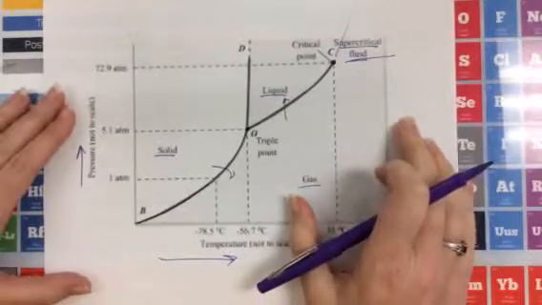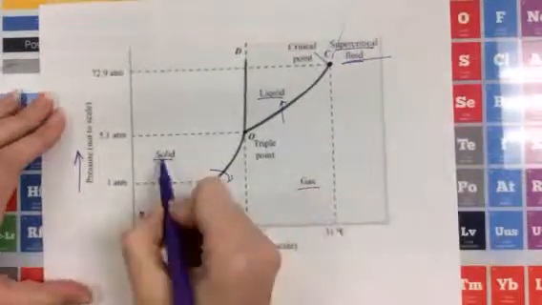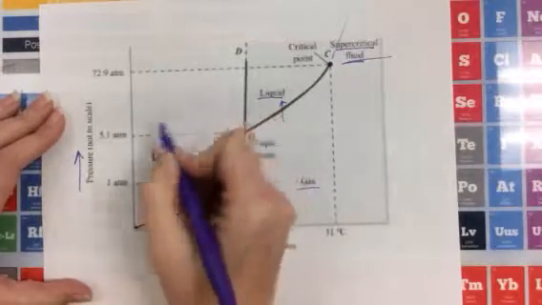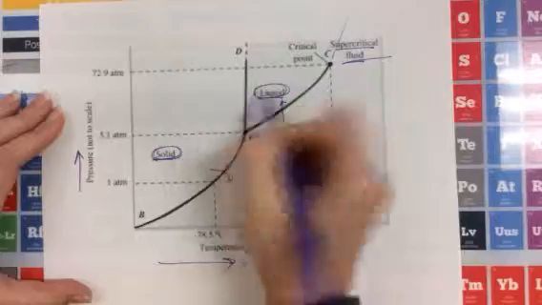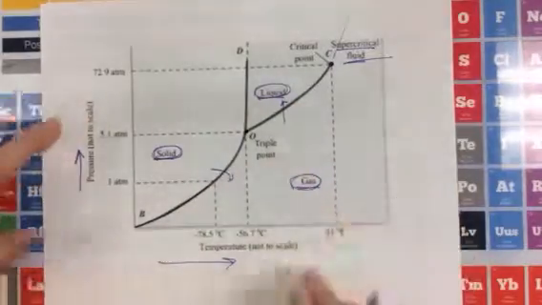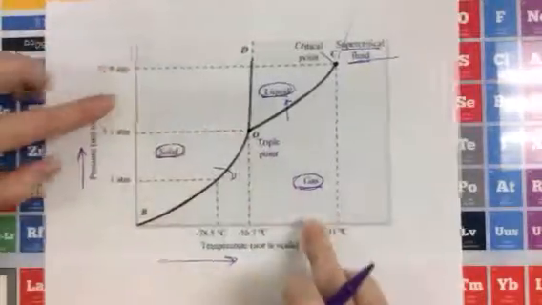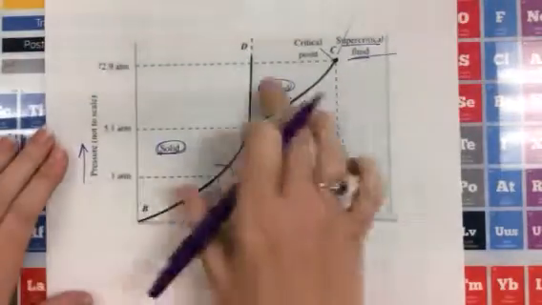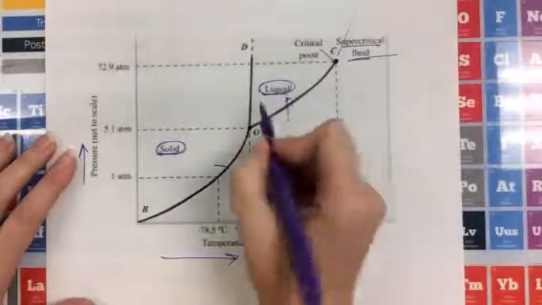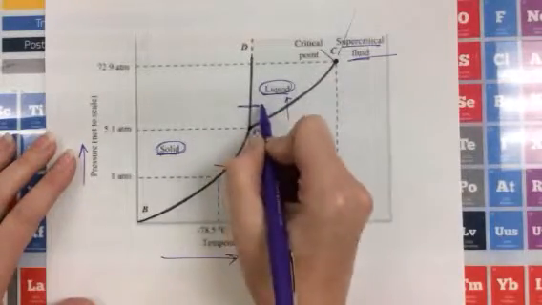So with your phase diagrams, the big takeaway: you have the solid, and it's always written in this part of the little Y. You have liquid, and you have gas. For your solid, liquid, and gas, at whatever temperature and pressure you are, you'll be able to figure out what state of matter you have. But then also it'll tell you what state of matter changes are happening.